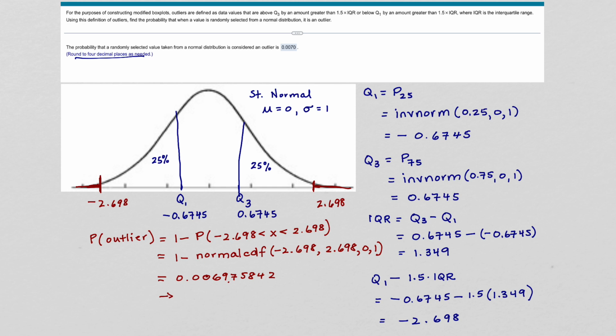And so that's going to be 0.0070. And that's how you get that answer.